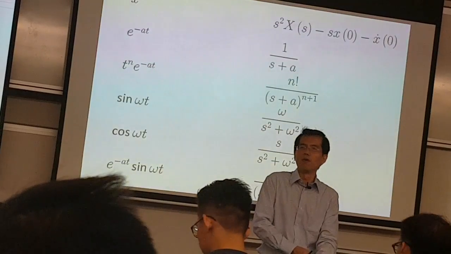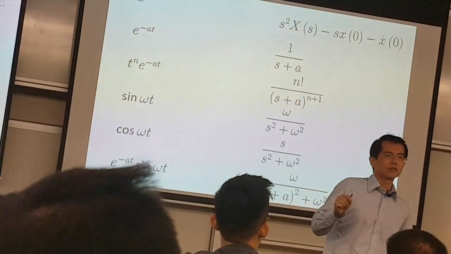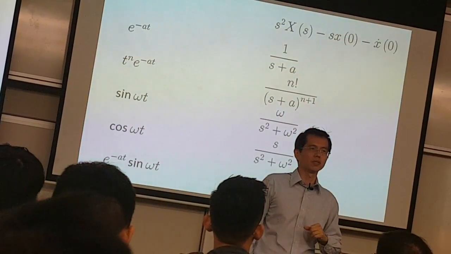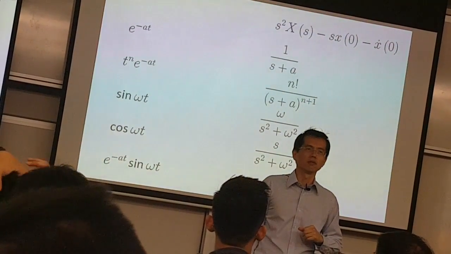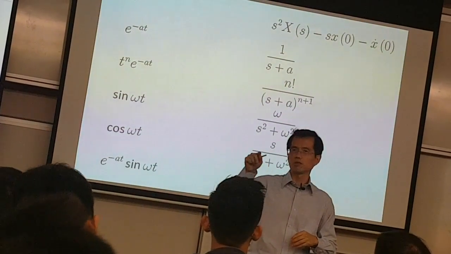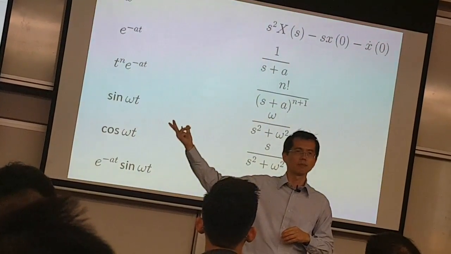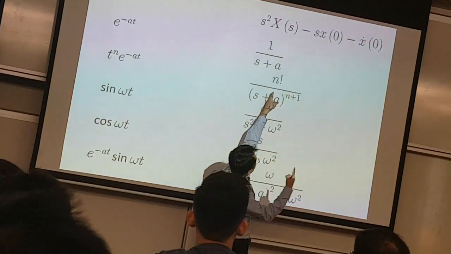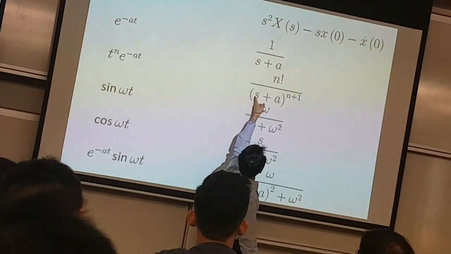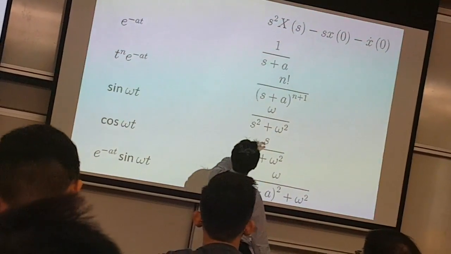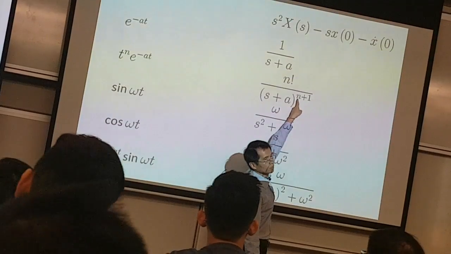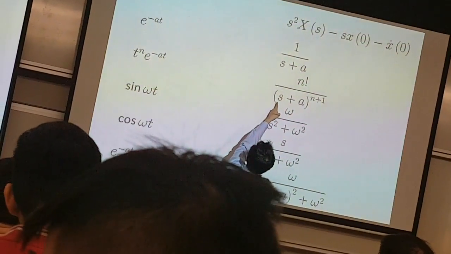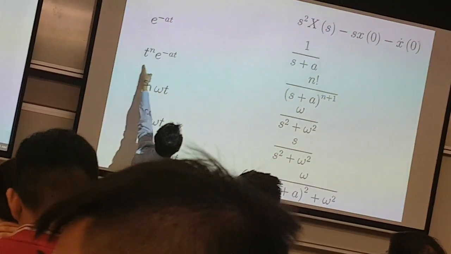Factorial, if you have not heard before: 2 factorial is the same as 2 times 1, 3 factorial is 3 times 2 times 1, 4 factorial is 4 times 3 times 2 times 1, etc. So in our case here, 1 factorial is 1 over s plus omega n to the power of 2, so 1 plus 1. So I'm going to make use of this. Do the inverse Laplace, I'll get this form.